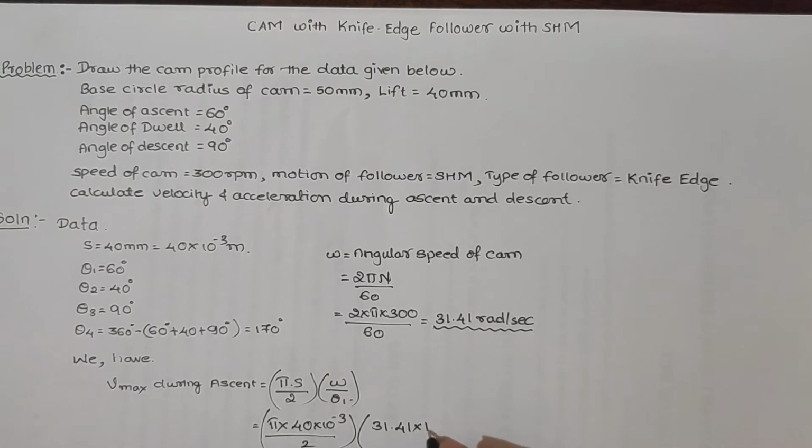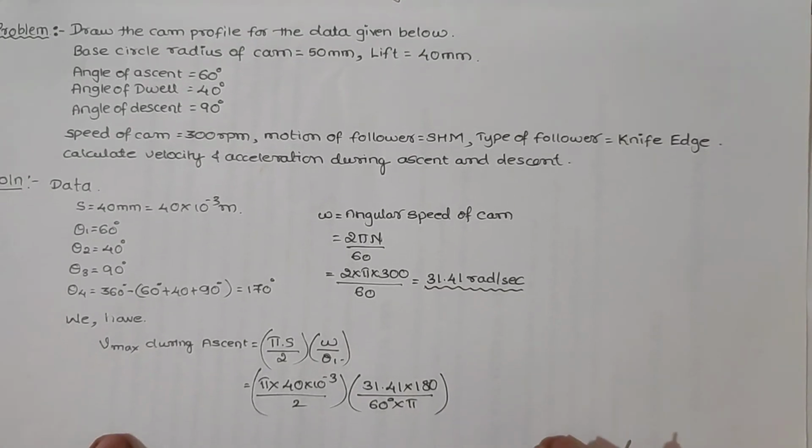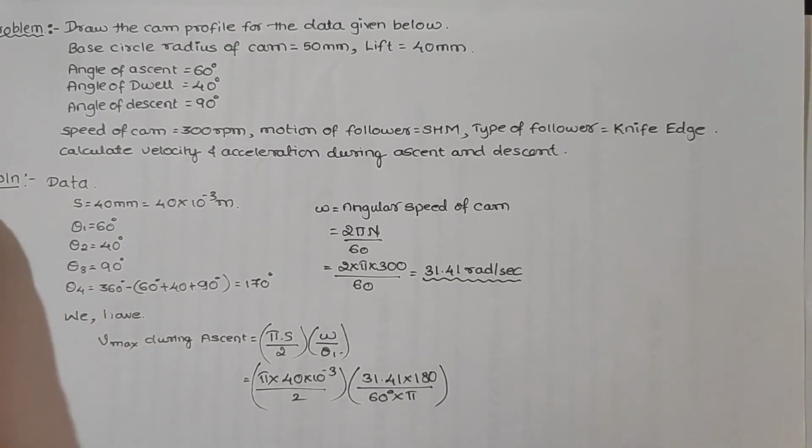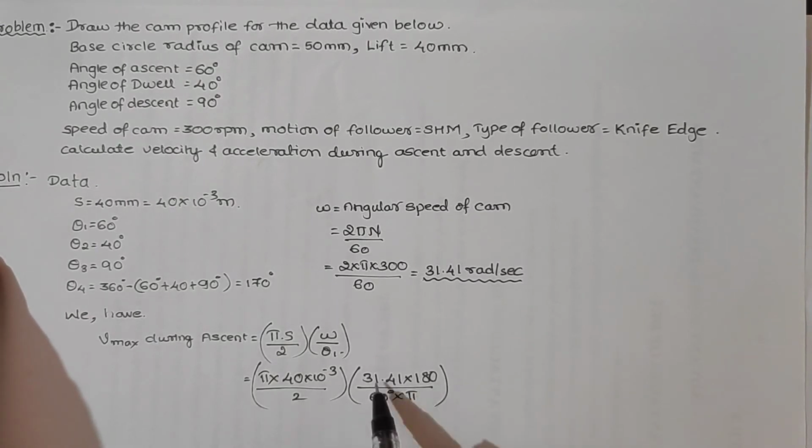I'll multiply here by 180, and theta 1 is 60 degree into pi. For my calculation to be easy, I have substituted the value pi by 180. The answer after the complete substitution is 1.88 meter per second. This is the answer.